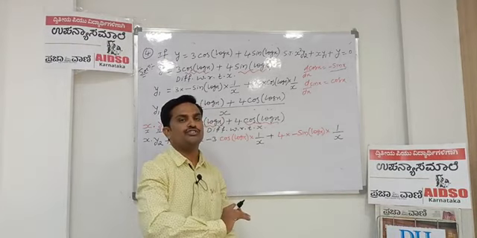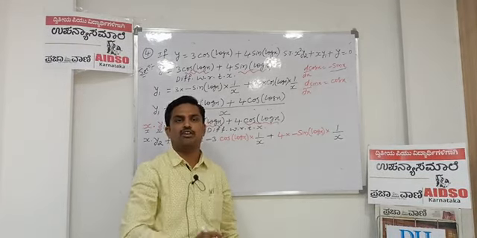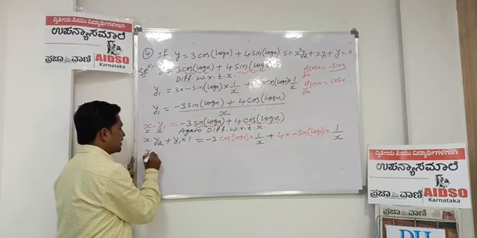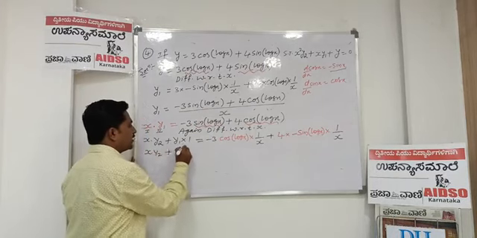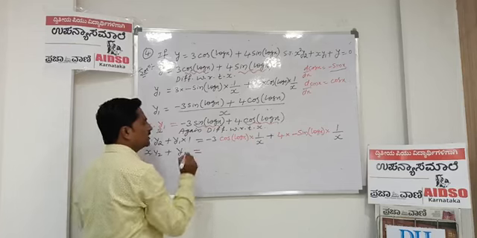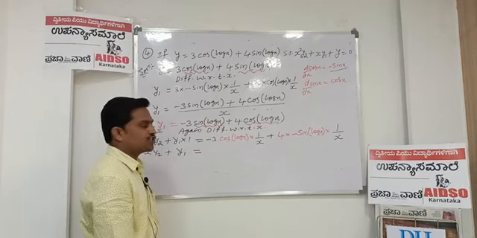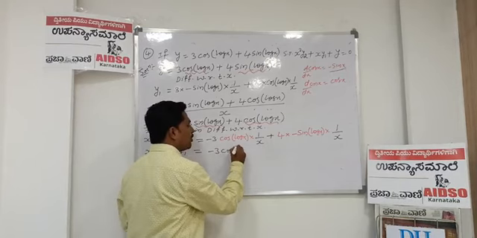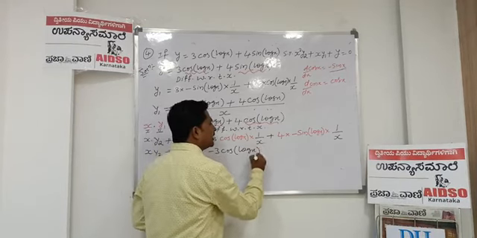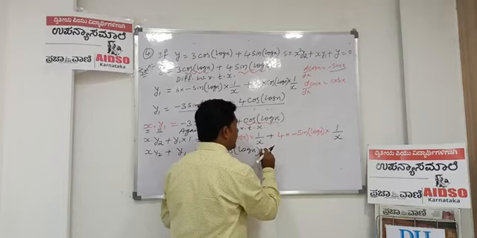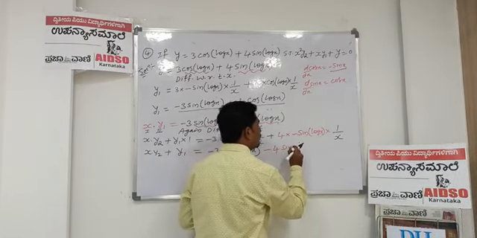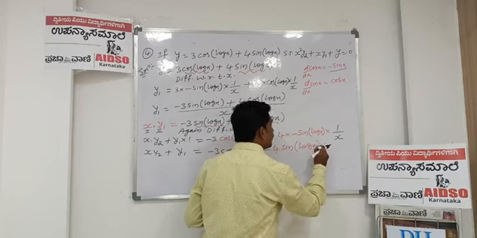The composite function is given, so we have introduced the chain rule. Then it becomes x into y2 plus y1 into 1 is equal to y1, so the next step it will be minus 3 cos of log x, then plus minus minus, so it will be 4 sine of log x.